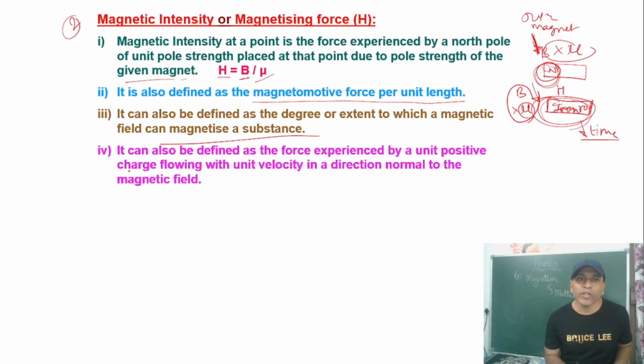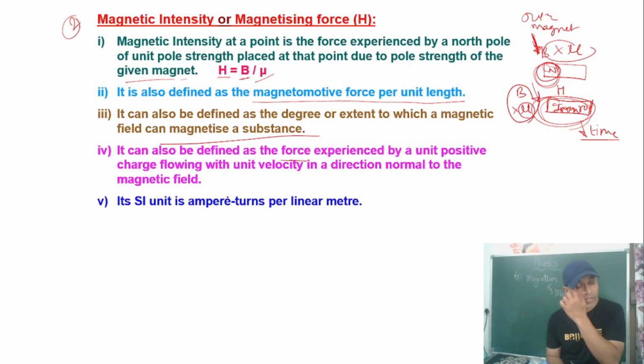It can also be defined as the force experienced by a unit positive charge flowing with unit velocity in a direction normal to the magnetic field. Its SI unit is ampere turns per linear meter.